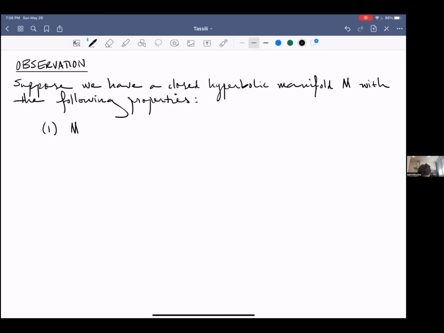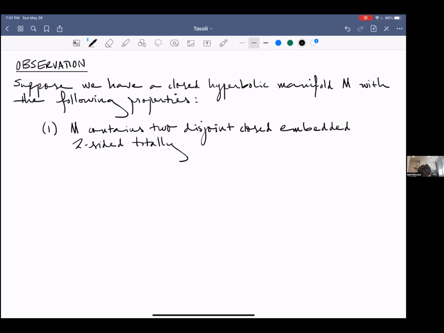So we'll want M to contain two disjoint, there are several adjectives, closed, embedded, two-sided. This is a technical condition that you can ignore. Totally geodesic hypersurfaces. Call them sigma 1 and sigma 2.